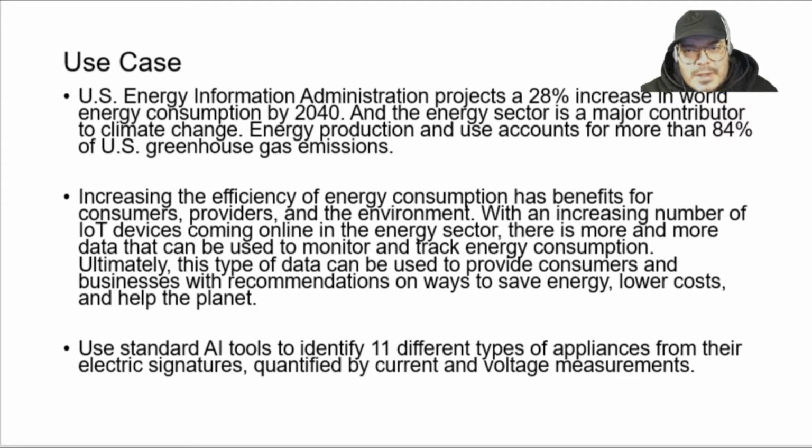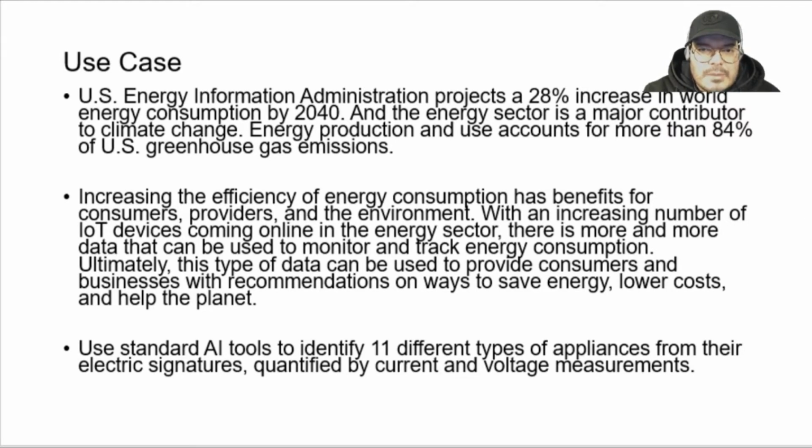So here's a use case, which we're going to go over in the notebook as well. The U.S. Energy Information Administration projects a 28% increase in world energy consumption by 2040. That's a tremendous increase. It's really a lot.